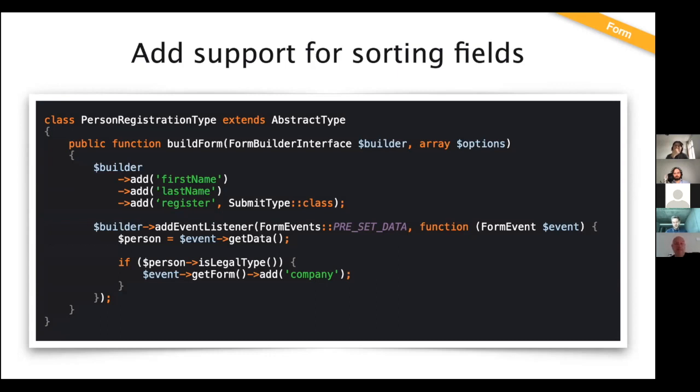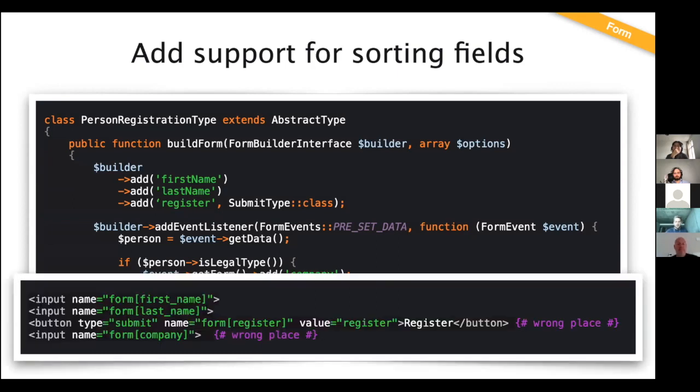So we usually use a form event for that. And what happens then, our company field is added at the end of our form, right? After all other fields which were already rendered. But this is the wrong place. We wanted to show the company field in front of all other fields, so on top of them. And before Symfony 5.3, this was only possible if you add your fields to the templates by using the form field names.